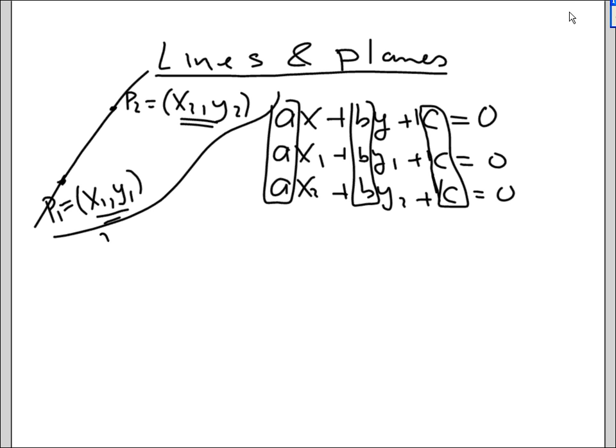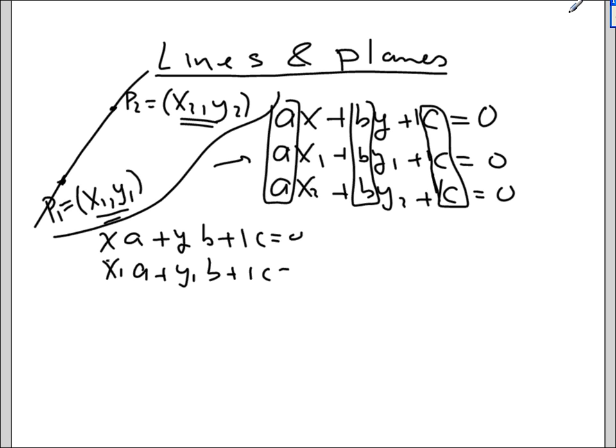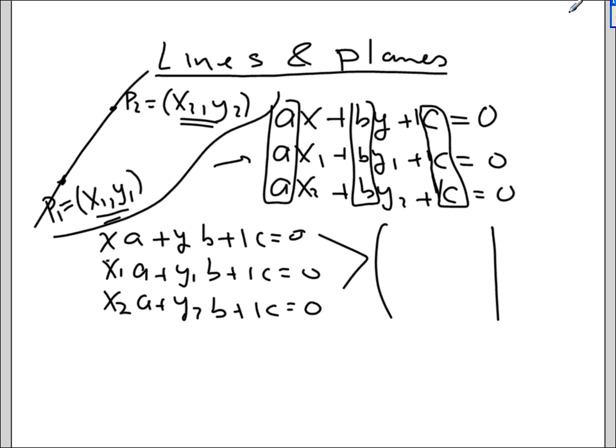That is, the first equation is x times the variable a plus y times the variable b plus 1 times c equals 0. And the second equation will be x1a plus y1b plus 1c is 0, and x2a plus y2b plus 1c equals 0.